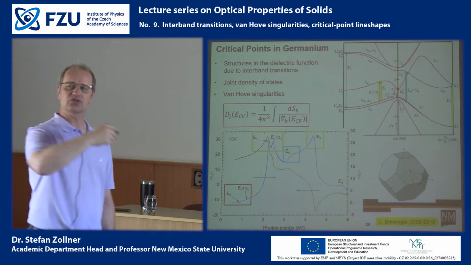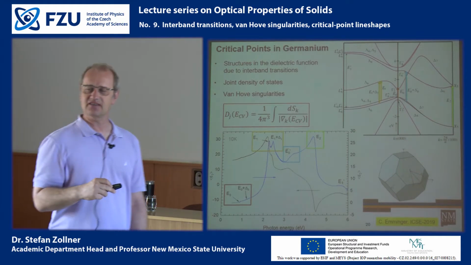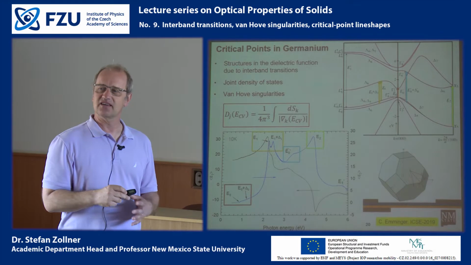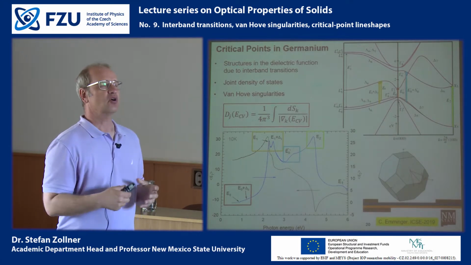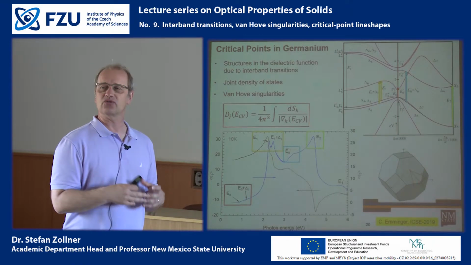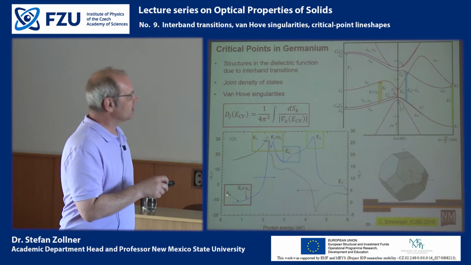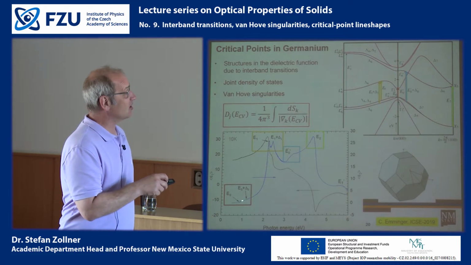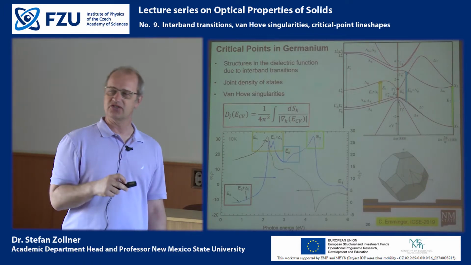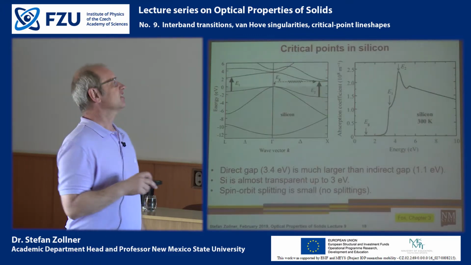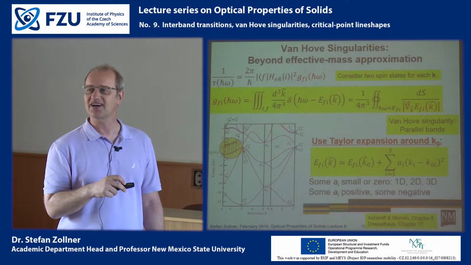So we now go to the next order of magnitude. The indirect transitions are extremely weak. These direct transitions here are relatively weak in comparison to the strong absorption that we see at even higher energies. And that's what I'm trying to explain now.